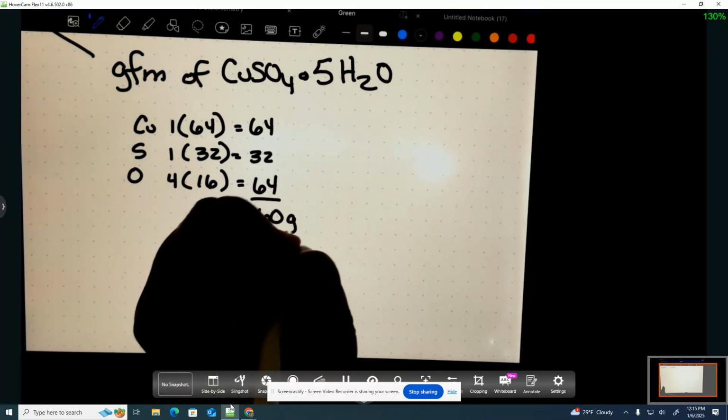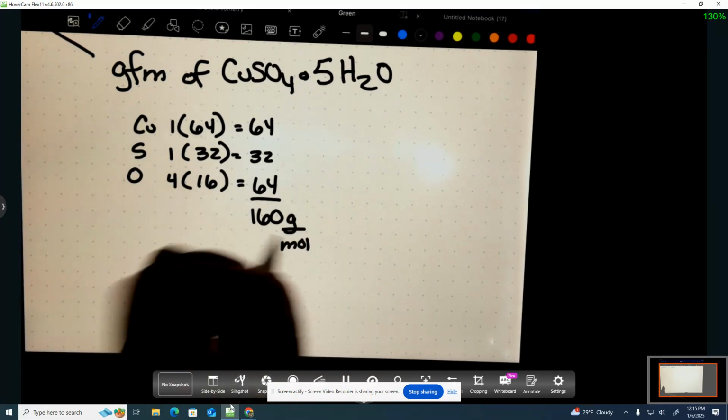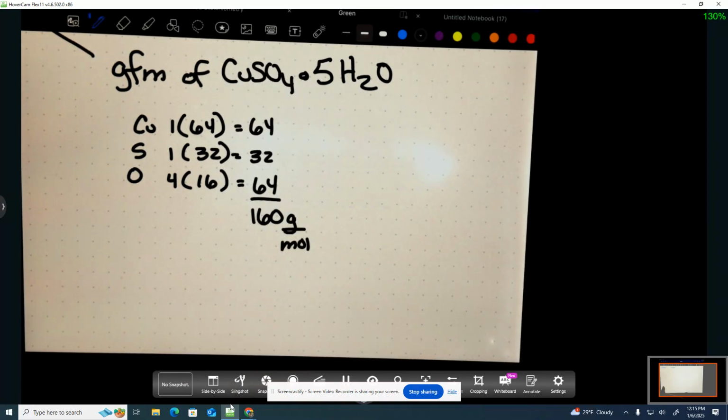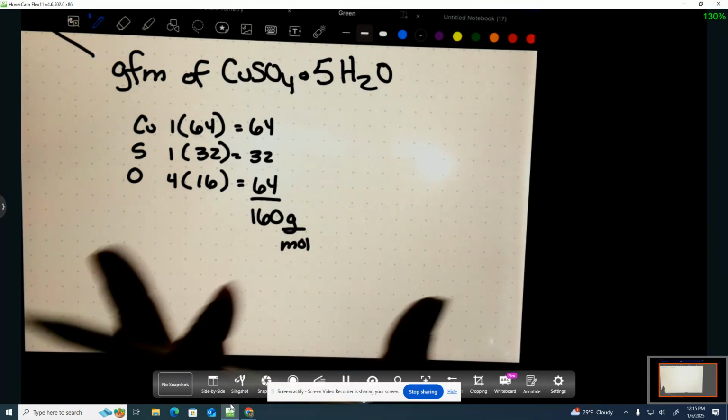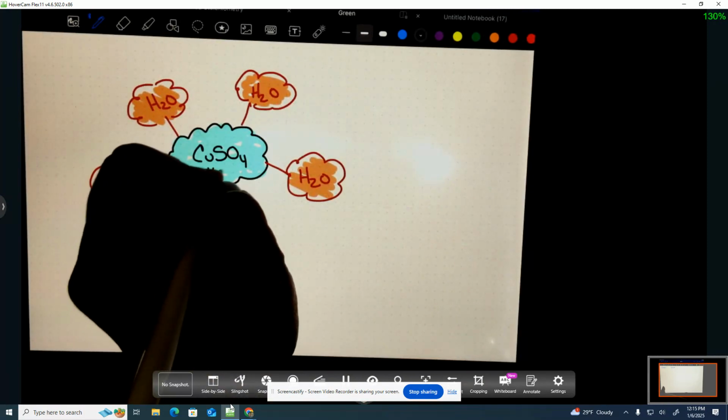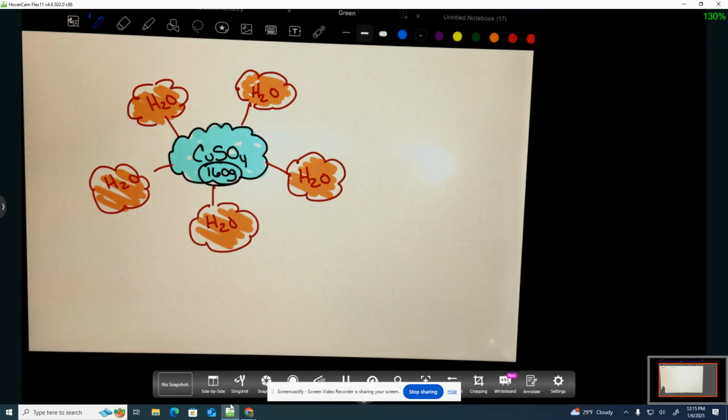Okay, 160 grams per mole. So 1 copper 2 sulfate weighs 160 grams. So if I go back to my picture, that means this weighs 160 grams. You with me? Okay.